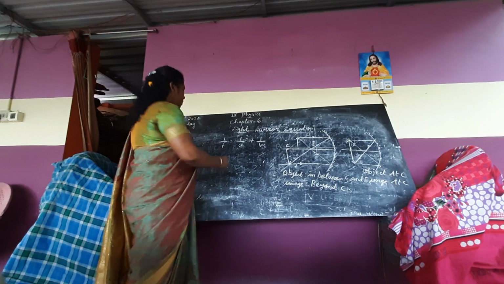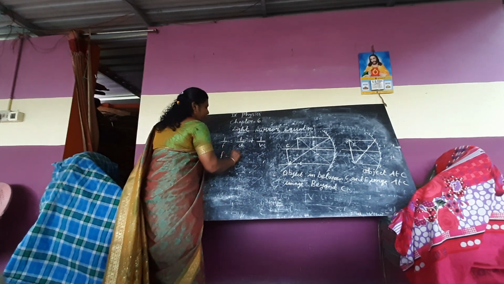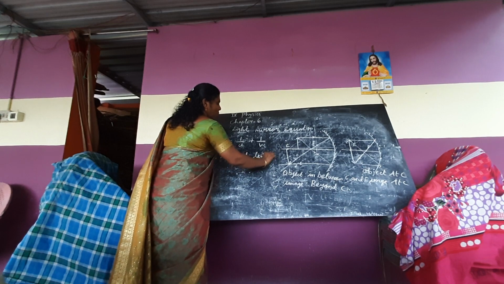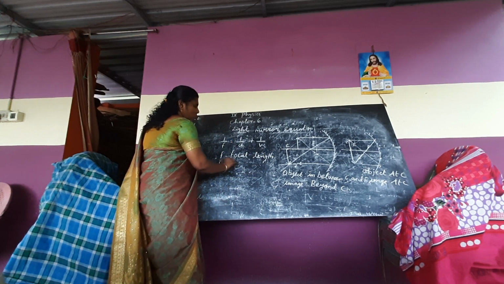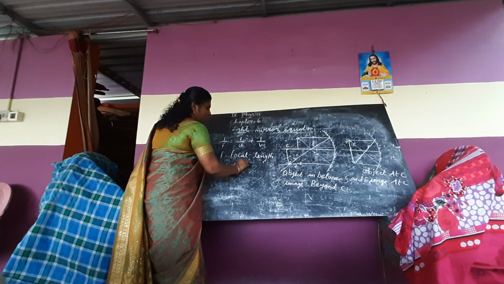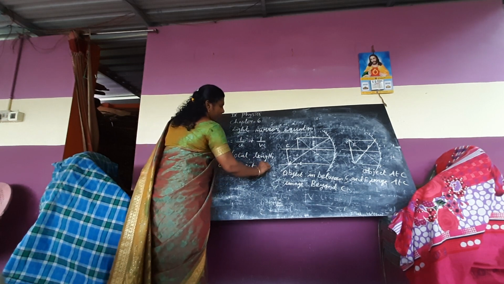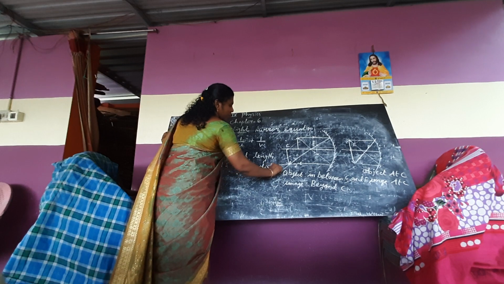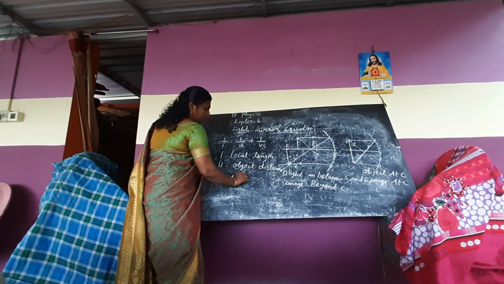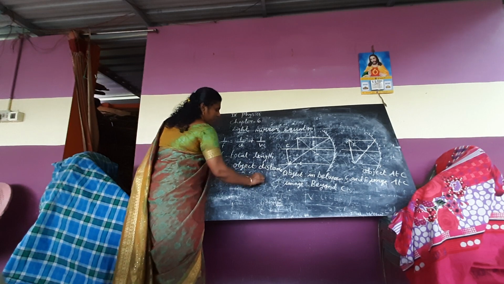What is f? F means focal length. What is u? U means object distance. V means image distance.